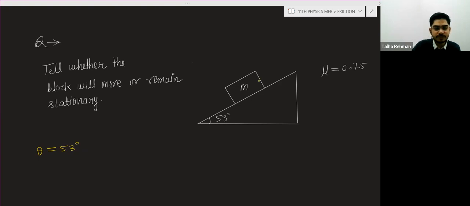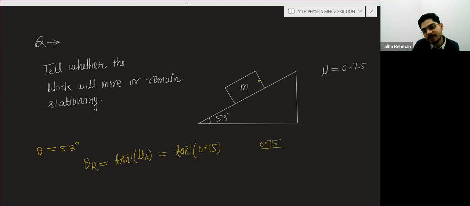There is another way also. I have told you this is theta. Now we will find the angle of repose. The angle of repose is given by tan inverse of mu s. What is the value of mu s? It is 0.75. How can we write 0.75?